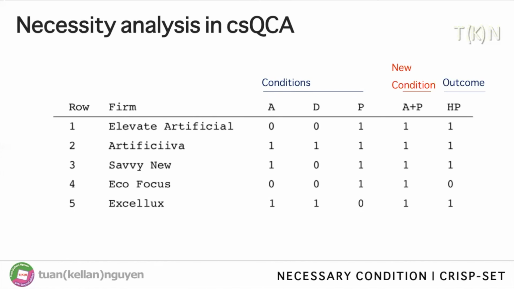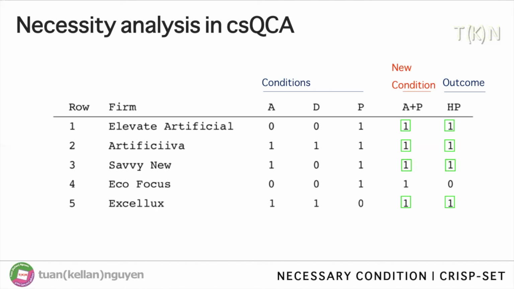The logical values indicate whether the union set of A and P is present in a given case, value 1, or not, value 0. For the test of necessity, we would like to figure out if a condition is also present in all cases where the outcome is present. For the union set of A and P, whenever the outcome is present, value 1, this condition is also present, value 1.